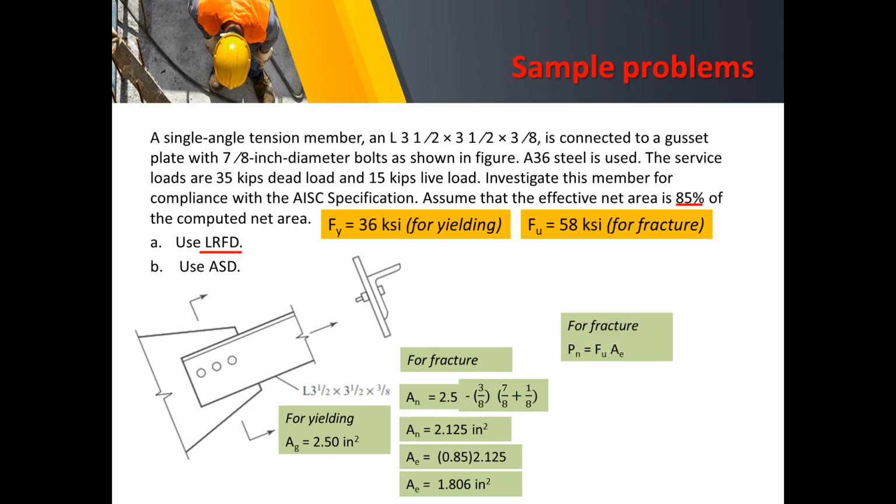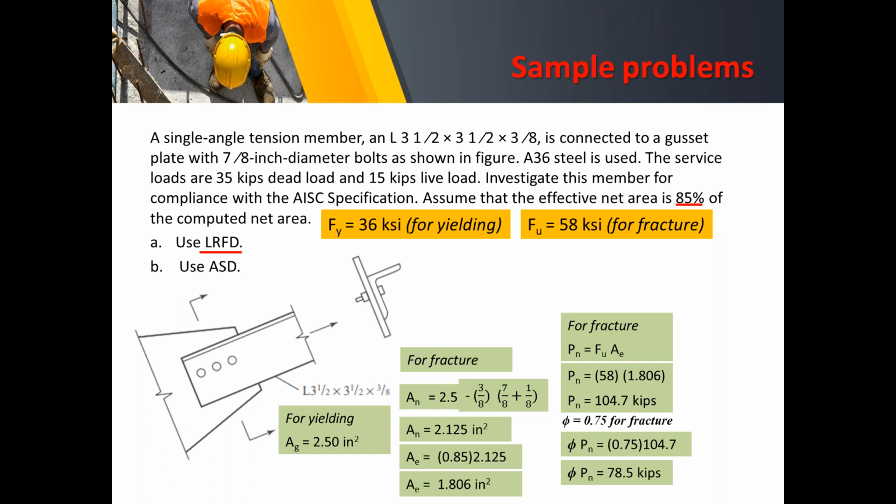For fracture, let us bear in mind that we always pair Fu with Ae, FuAe. We multiply 58 by 1.806, and we have 104.7 kips as our nominal load. For the design load, we multiply that by 0.75, so we get 75% of the nominal load. Hence, φPn is equal to 78.5 kips.